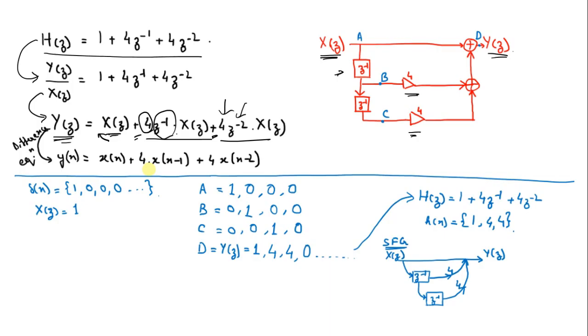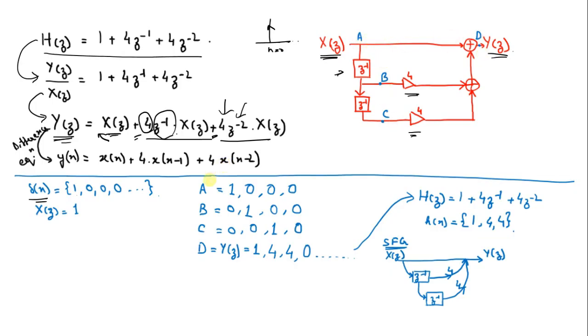So impulse input means at n equals 0 we will be having 1, and at all other time instances the values would be 0. So delta n equals 1 0 0 0 0. Okay, now let's look into the output values.